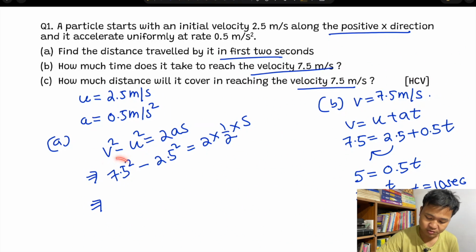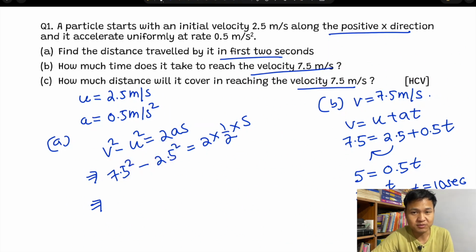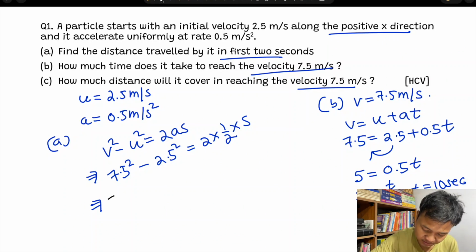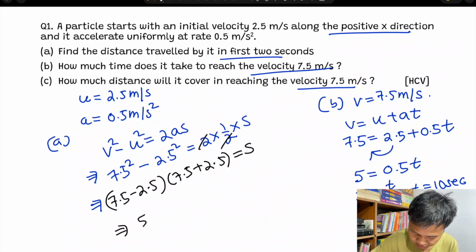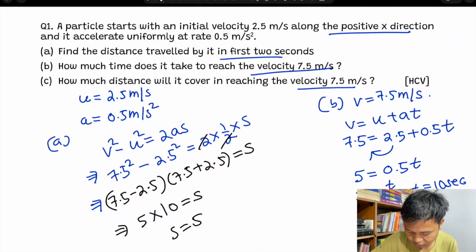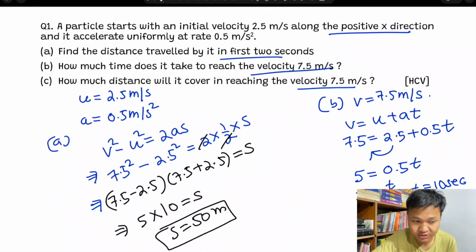Please don't take the square of this one. It is solved by the a square minus b square formula: a square minus b square is a minus b into a plus b. So this is equal to s. So how much is this? 5 into 10 equals s. So s is equal to 50 meter. Okay, so that is your answer.